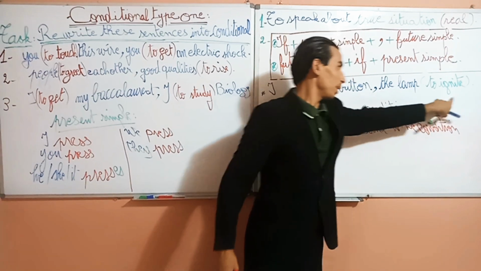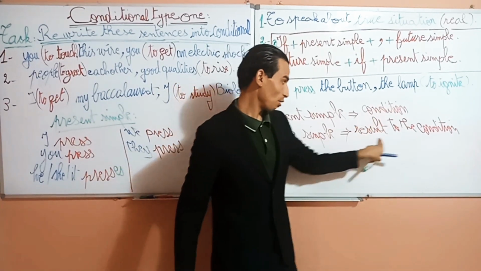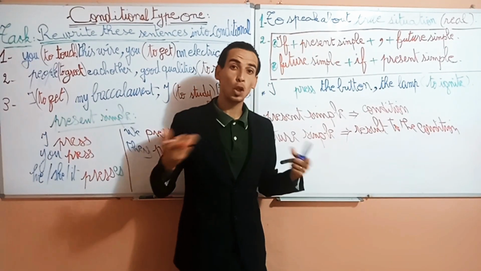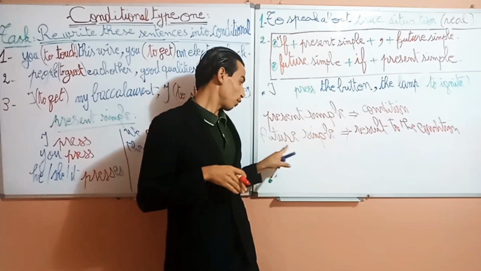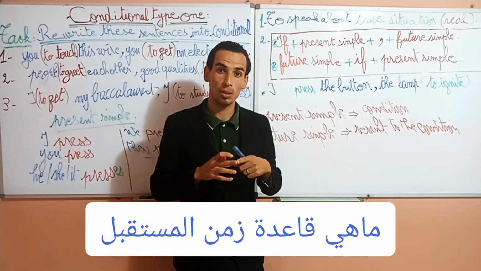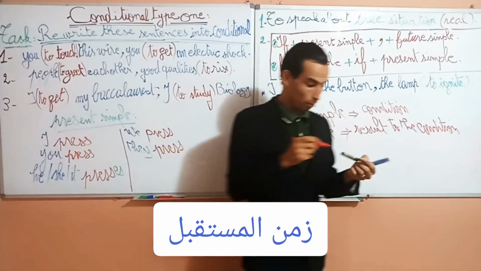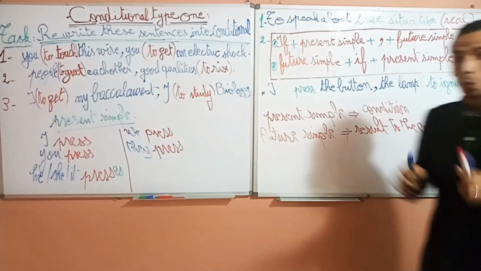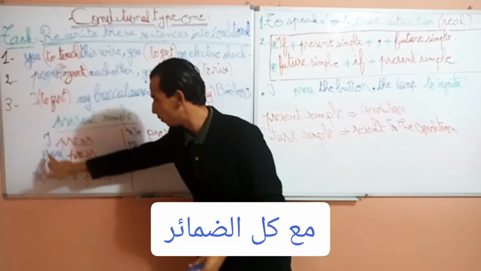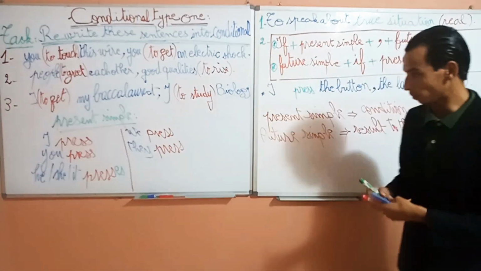This is verb number 2. This verb is a result of a condition. Where do we put it? We put it, of course, in a future simple. What is the rule of the future simple? This is very easy. Future simple with all pronouns.